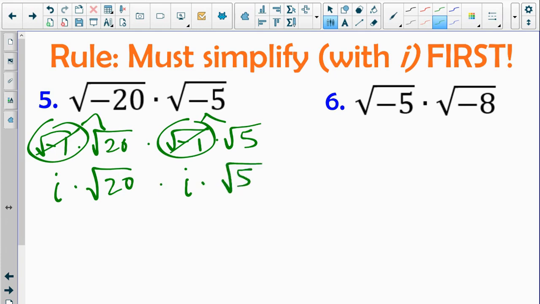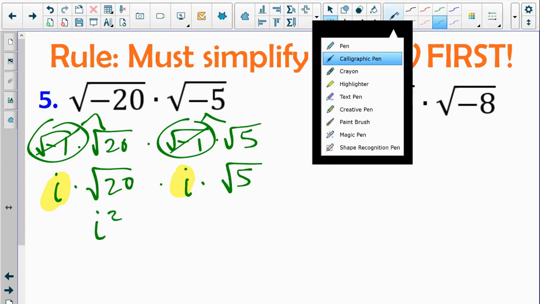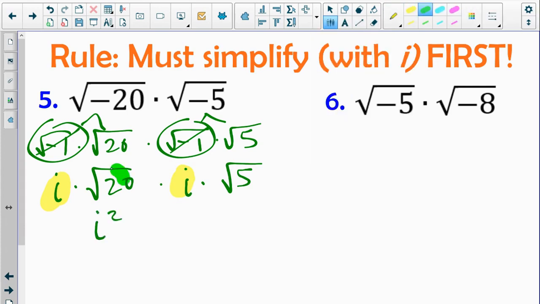Now, if I regroup those, I have i times i. So I multiply this i times that i, and of course, that gives us i squared. And then if I also regroup and multiply my square roots together, use my product rule, the square root of 20 times the square root of 5 is the square root of 20 times 5, which is 100.